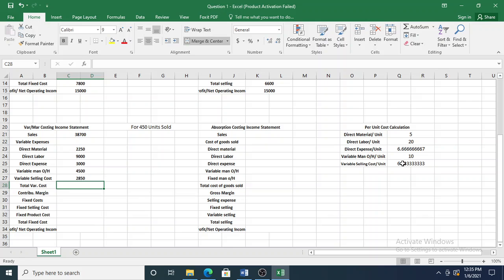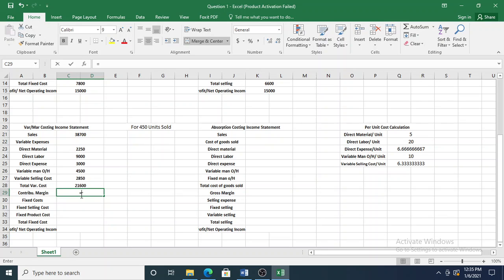Now the total variable cost is, again, the addition of these. So we get 21,600 as a total variable cost for this.